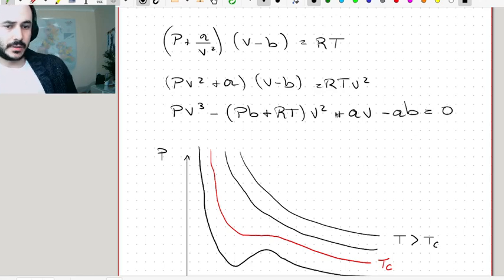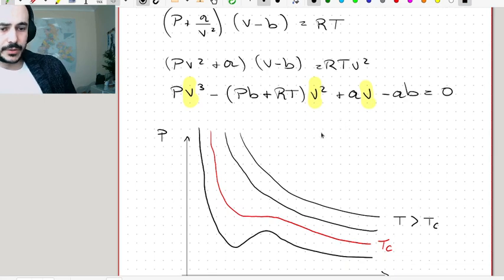So this equation here is a cubic equation. You see, you have all the terms, all the powers of V. And of course, we know that the solutions of these things are going to be three different solutions: V1, V2, and V3.